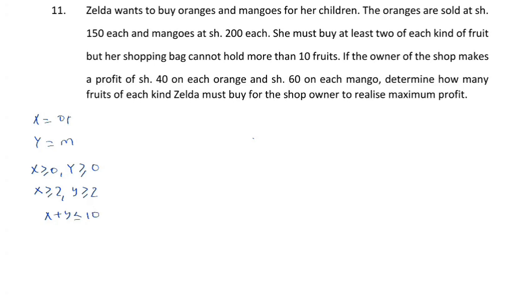Okay, so let us now form the boundary lines. From the inequalities we form the boundary lines. Our lines are going to be x equals 2, y equals 2, and x plus y equals 10. Okay, so next let us form the objective function.